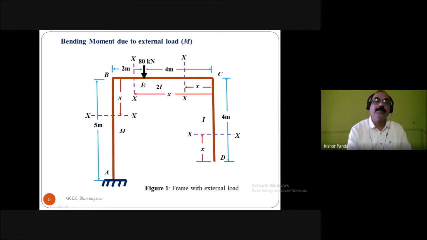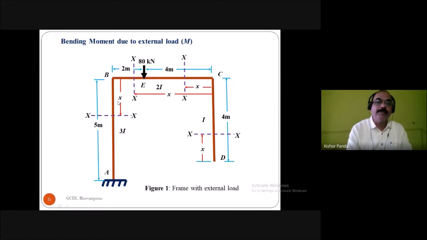But for the EB member, you are taking the section from the C point, so the origin is C, but you have to take the integration limit of x from 4 to 6, because here x is equal to 4 and here x is equal to 6.